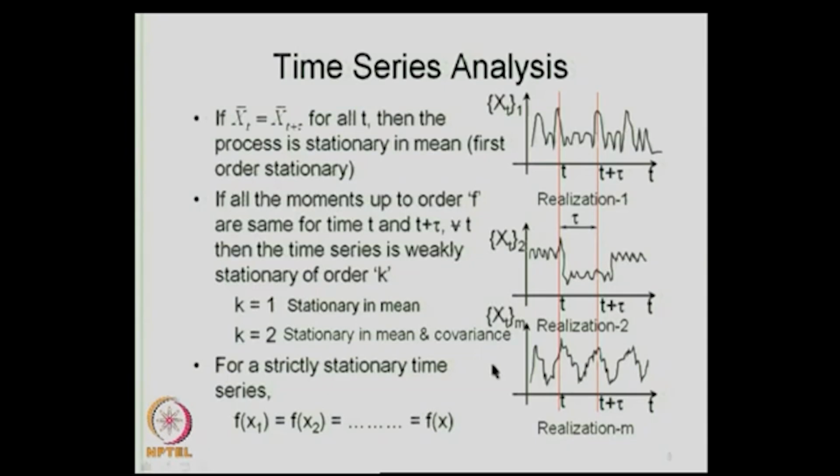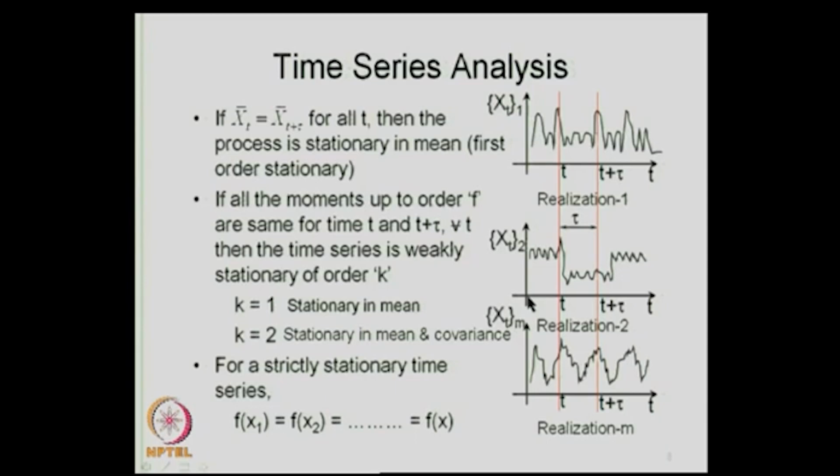It can be shown that if a process is stationary in covariance, then the variance also remains the same. So, stationarity in mean and covariance also indicates that the process is stationary with respect to variance, which means the variance is also constant across time. Remember here, when we say k is equal to 2, it must be stationary in mean as well as in covariance.